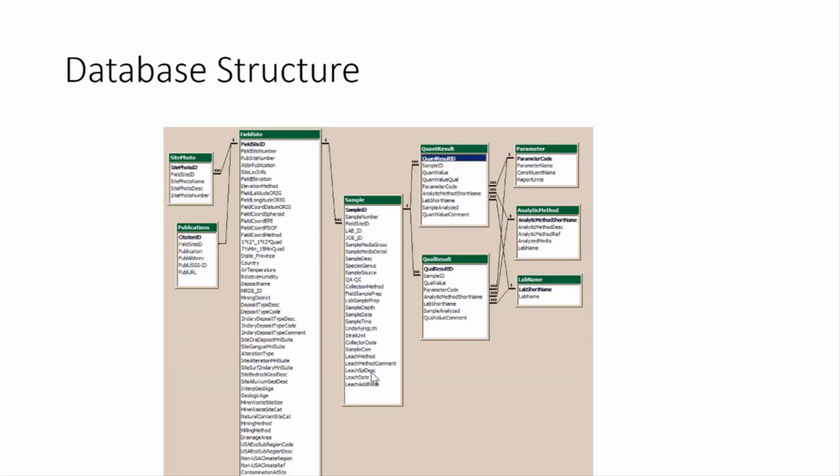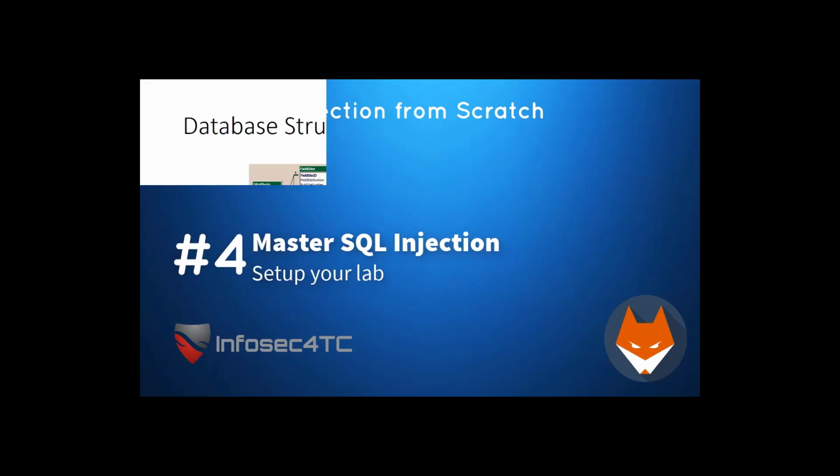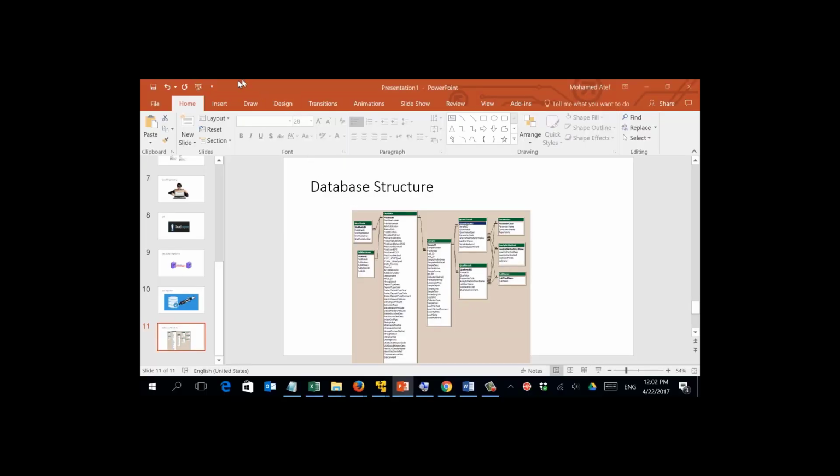So first, let's set up our lab. Now let's set up our lab. To be able to set up the lab, we need to install a virtual machine. The virtual machine name is OWASP Broken Web App. This has many websites.